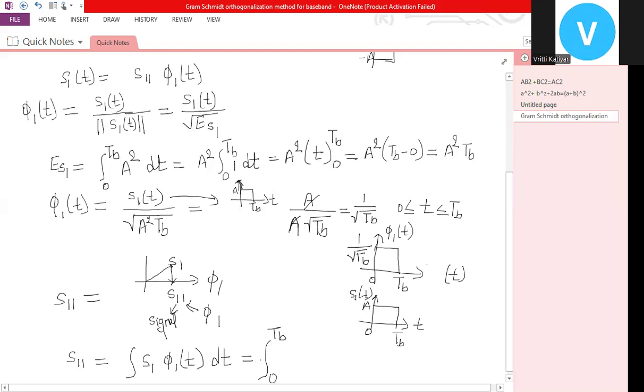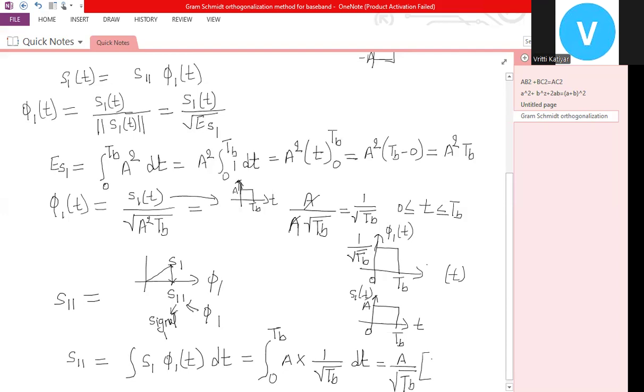The magnitude of signal S1 is A, and the magnitude of phi 1(t) is 1 by root of Tb, dt, which can be further calculated as A by root of Tb.